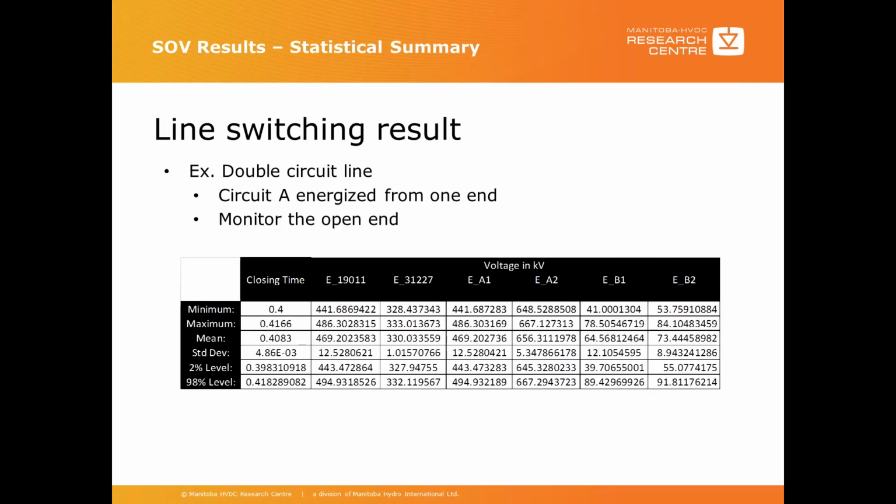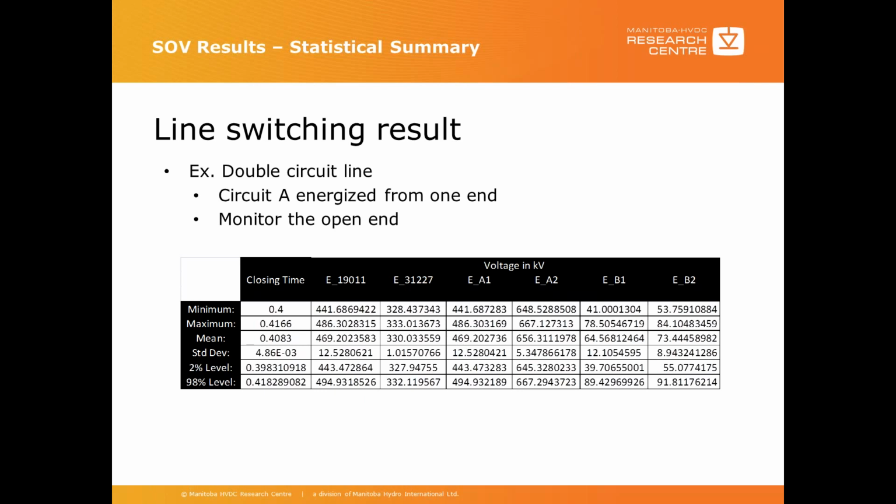Here is a sample of the statistical results of a switching study. We'll see the mean value for the open end is about 656 kilovolts, while the switching end is about 470.